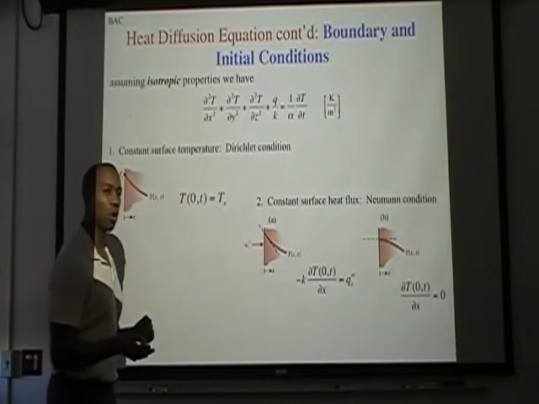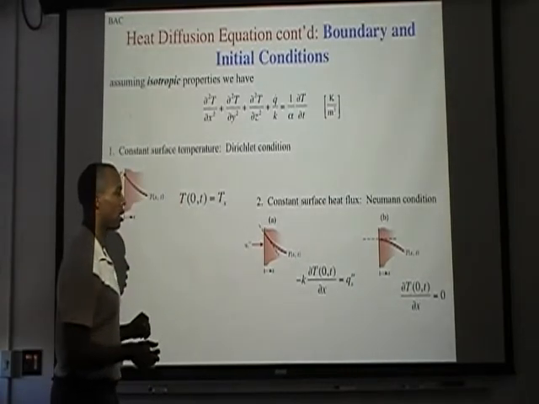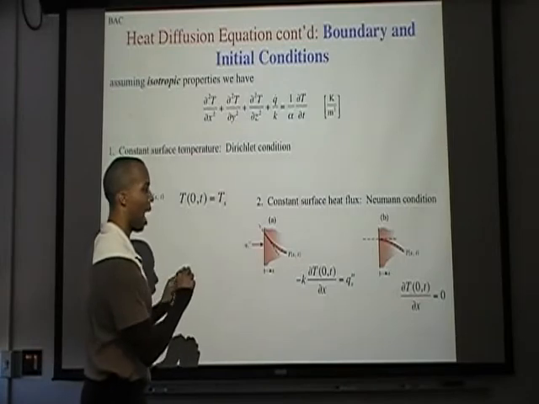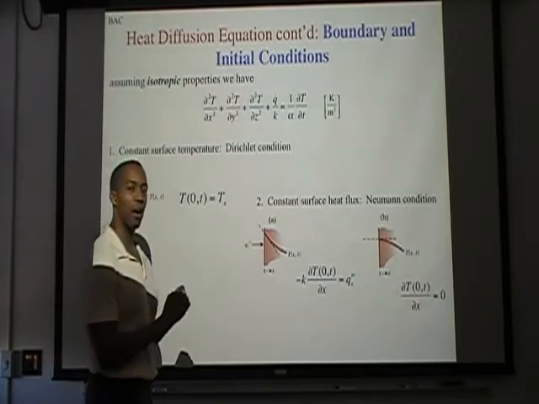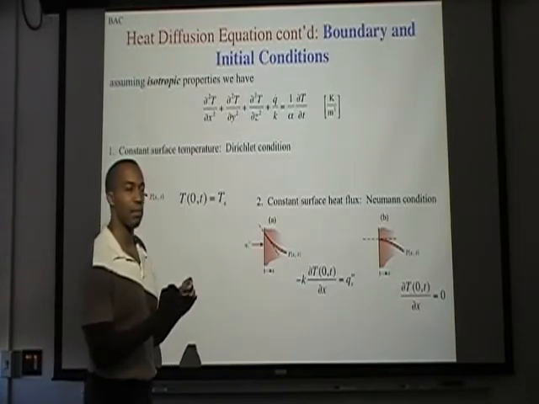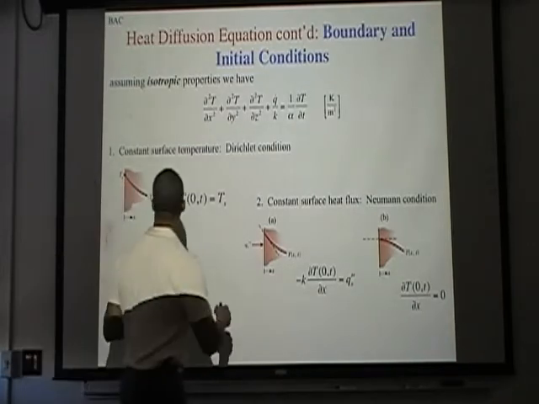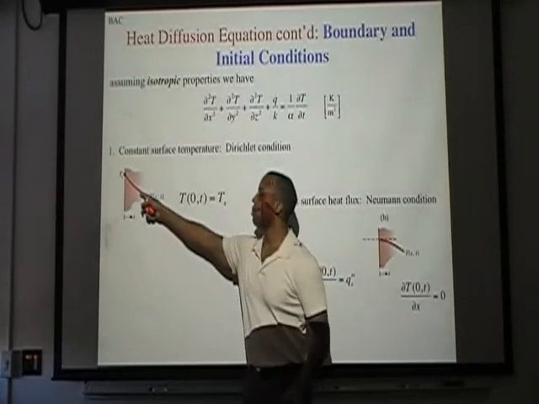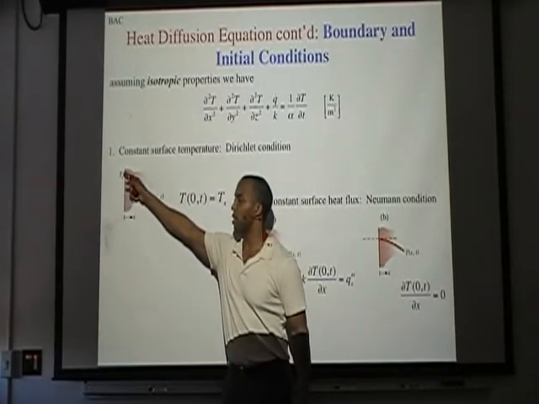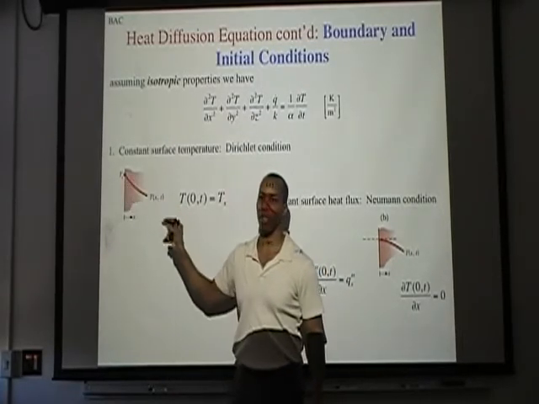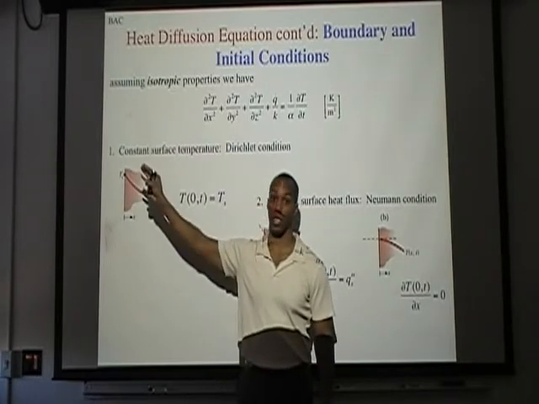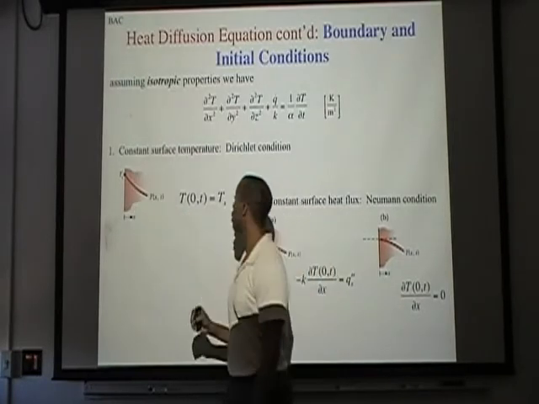So one of the things I want you to note in this course is how the temperature profile changes at these boundaries. So here for constant surface temperature, basically you have this fixed point that the temperature profile has to converge to.